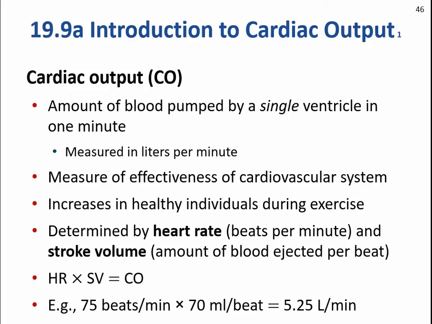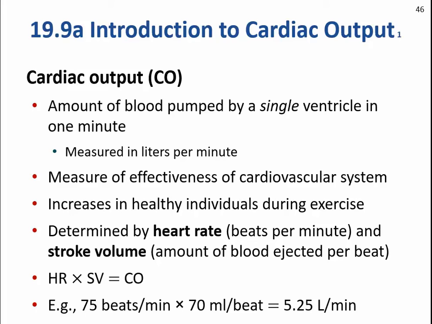What the body needs is the perfusion. It needs to have a certain amount of oxygen and nutrients brought to the tissues that are metabolically active in the right amount at the right time. So we call this whole thing cardiac output, and it's the amount of blood pumped by a ventricle in a minute, liters per minute.